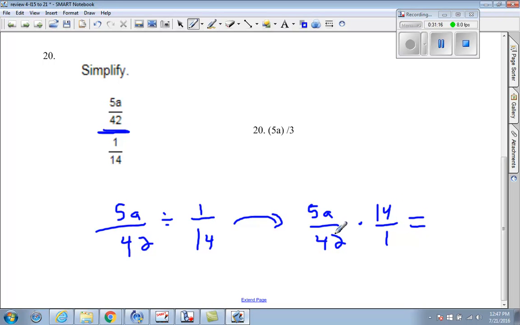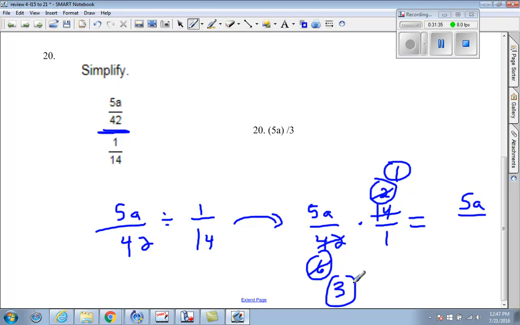You can do some cross cancellation if you like. 7 goes into 14 twice, 7 goes into 42 6 times, and then 2 goes into itself once, and 2 goes into 6 3 times, and then travel straight across. So 5a times 1 is 5a, and downstairs 3 times 1 is 3.